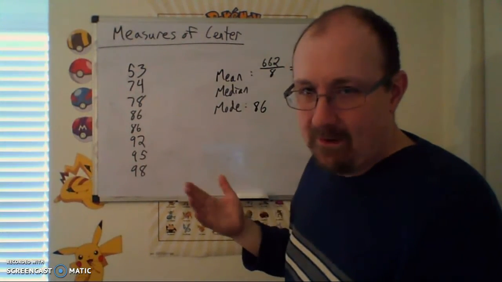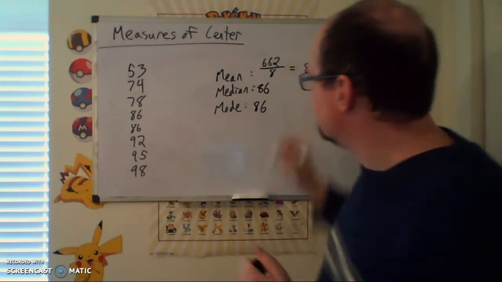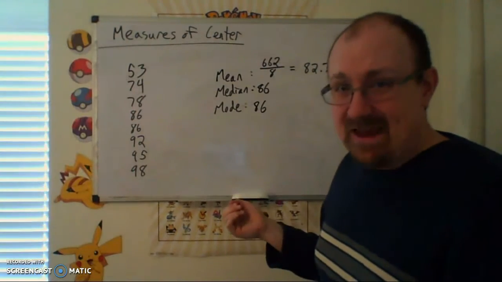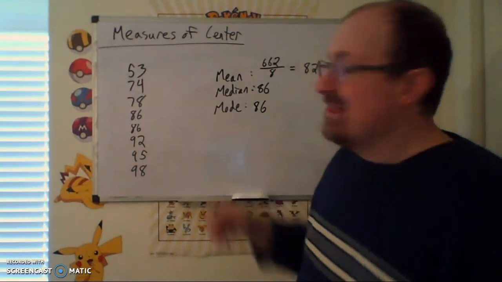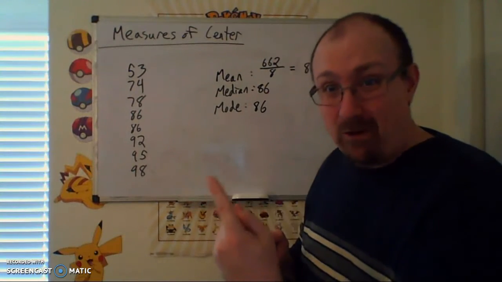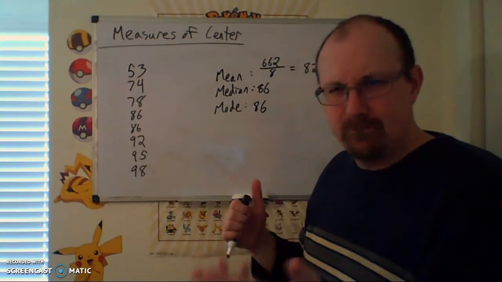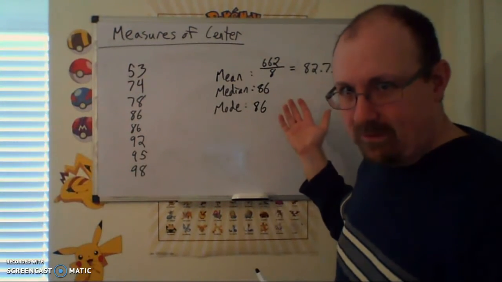So this time around, though, they're both 86, and averaging a pair of 86s still gives us a median of 86. If we had an odd number of data values, like there was another score up here, or like somebody got 100 or something, then there really is just a single value in the middle, and that one central value is your median. We'll play around with this example in a moment, but hopefully that's relatively straightforward now.